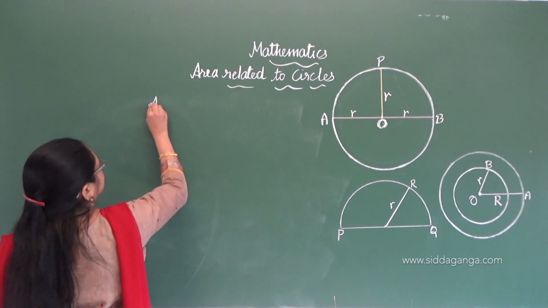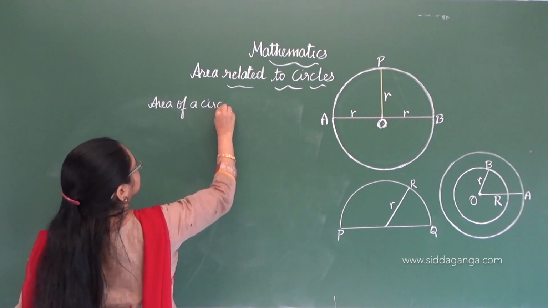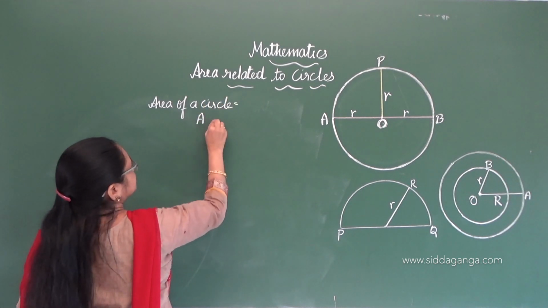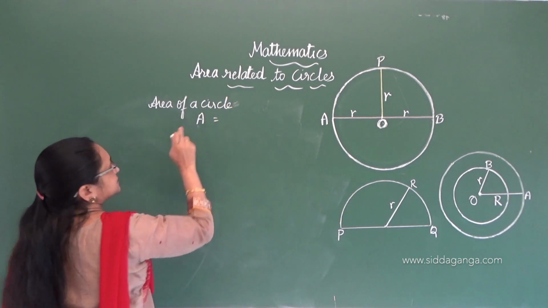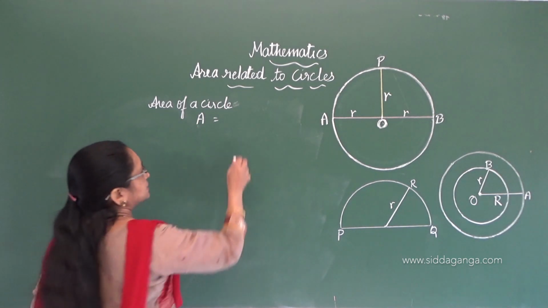Area of a circle is given by A is equal to pi r square.